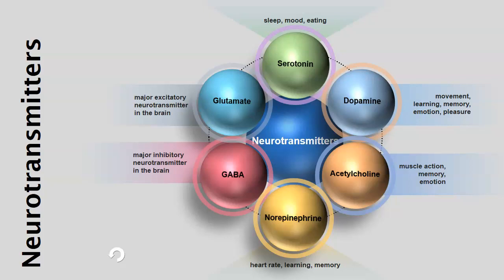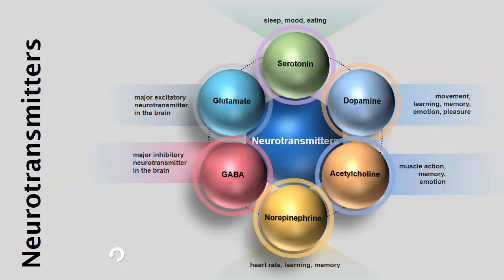Acetylcholine relates to arousal, vigilance, memory, and emotion. Norepinephrine is related to learning and memory, dreaming, wakefulness, and emotion, and can also impact heart rate. It can also impact digestive functioning, particularly during stress.